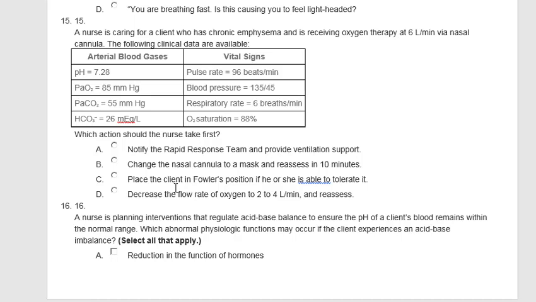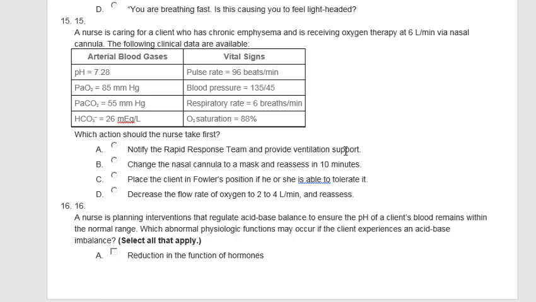Decrease the flow rate of oxygen to 2 to 4 and reassess. That's possible, but what we need to do is, he's beyond that now, so the correct answer is to provide ventilation support. So we're going to notify rapid response and provide ventilation support.